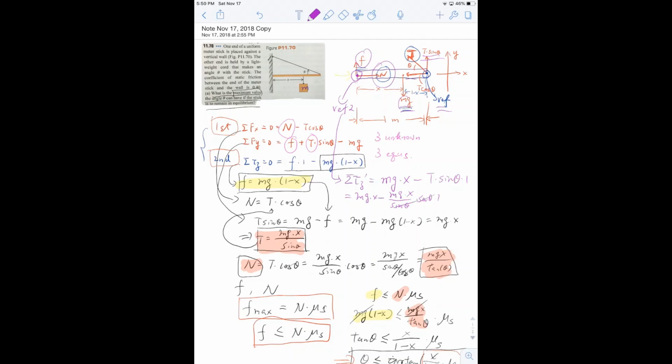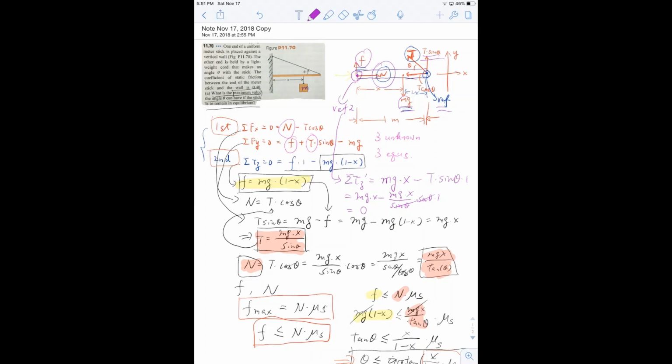This cancels out, that will be mgx minus mgx. This final torque, using the left end as the reference point, gives you 0. This verifies that we have done all the calculations correctly. No matter which reference point you choose, the torques of all the forces, when you add them up together, should give you 0.